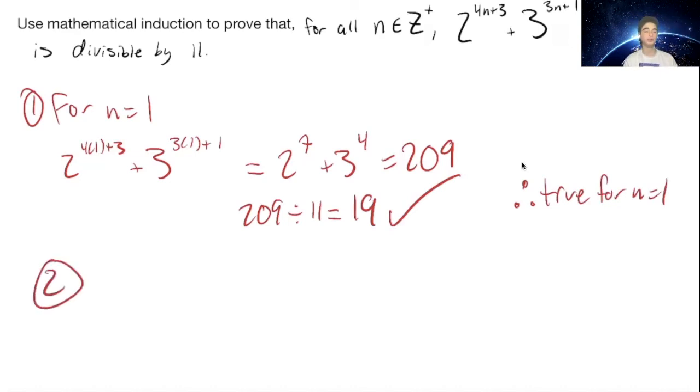Step number 2 is assume true for n equals k. It's important to write "assume" both in the statement at the end and when you're writing out your step, because at this point in the proof we are assuming that n equals k, so that later in step 3 we use that assumption to get to the right answer.